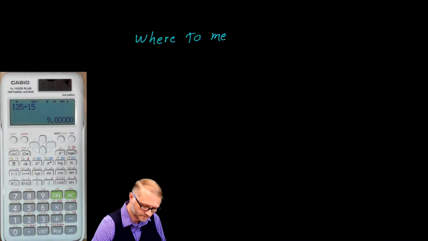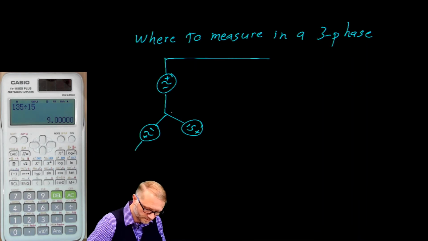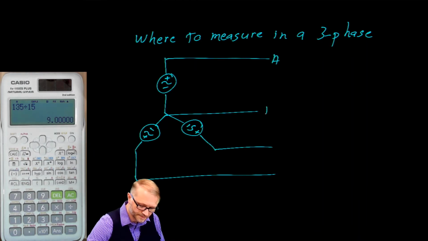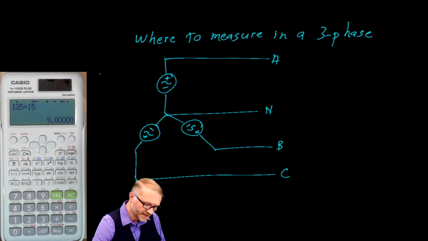When we explore three-phase systems, the question of where do you measure always comes up. As an example, consider this three-phase generator. Phase A, here's our neutral, phase B, and phase C. You would recognize this as a Y configuration.